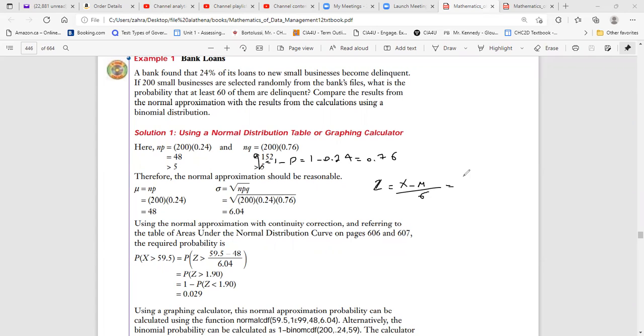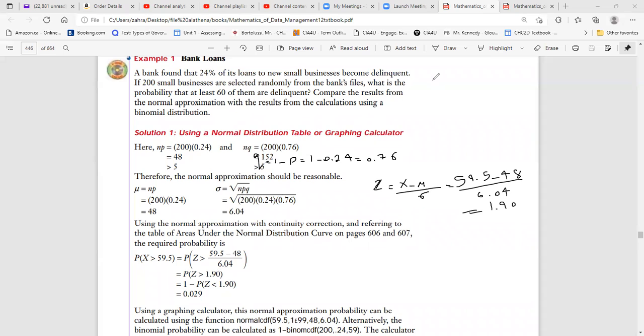Your X here is 59.5, your mu is 48, and sigma we got to be 6.04. This gives you 1.90. So X greater than 59.5 converted to Z is Z greater than 1.9.